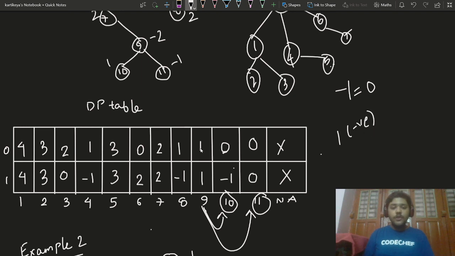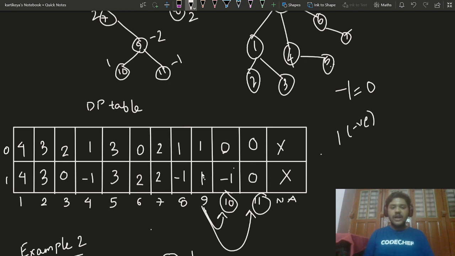Now since 9 is negative, if it would take 10's positive value, then negative into positive would be negative. And if it would take 11's positive value, then it would also be negative. So what is the maximum power of 2 that it can get? It is 1 plus 0, which is 1, and 1 plus 0, which is 1.